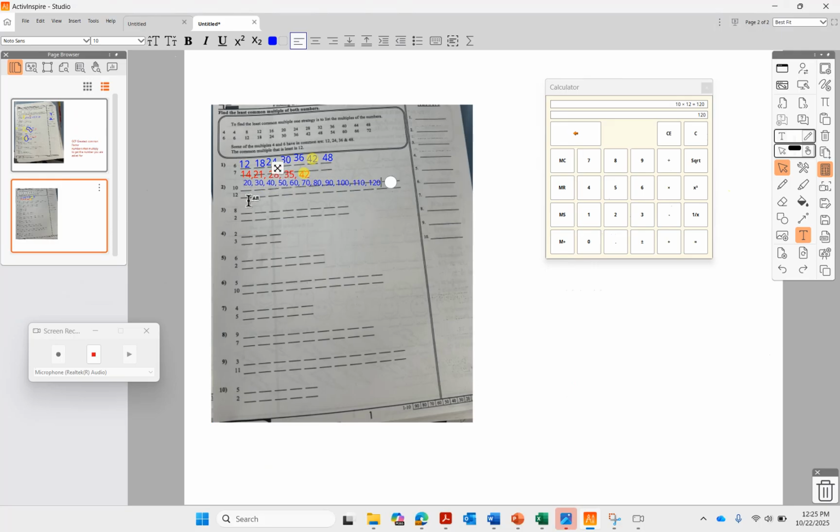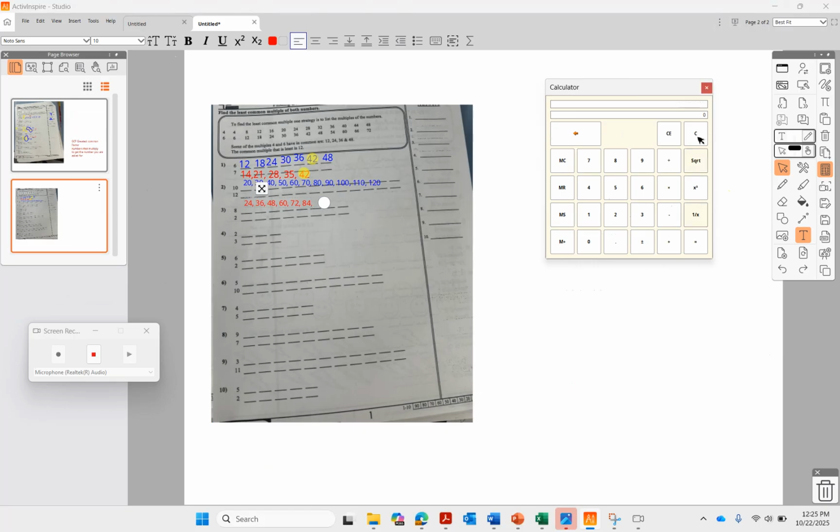Now let's try 12s. Switch that to red. 12 times 1 is 12. 12 times 2 is 24. 12 times 3 is 36. 12 times 4 is 48. 12 times 5 is 60. 12 times 6 is 72. 12 times 7 is 84, I think.